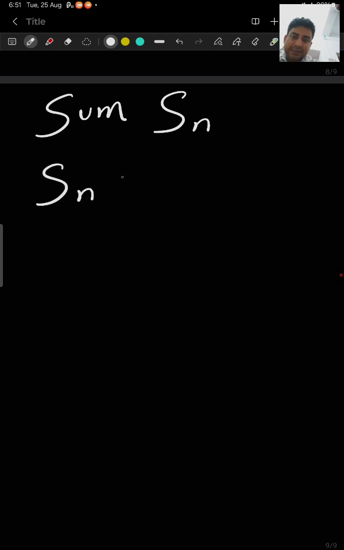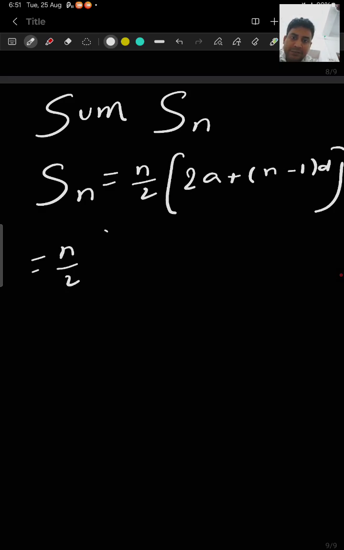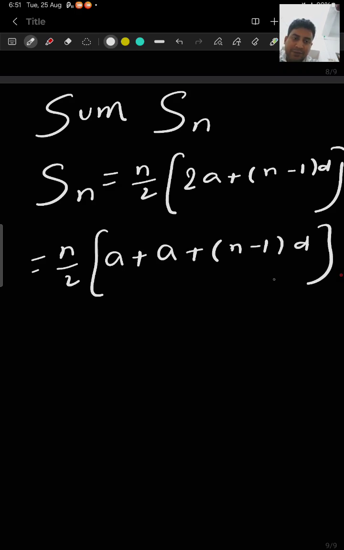We just learned about the sum. See the formula for the sum, Sn equals n by 2 into 2a plus n minus 1 into d. If we factorize it in the form a plus n minus 1 into d, then we get this part as Tn, the last term.